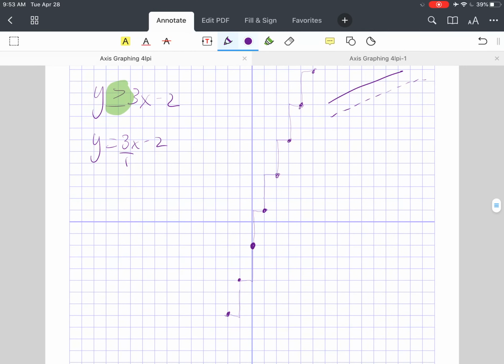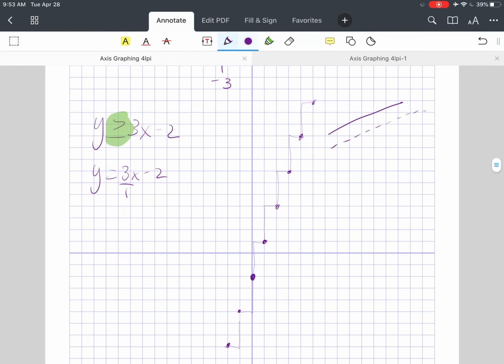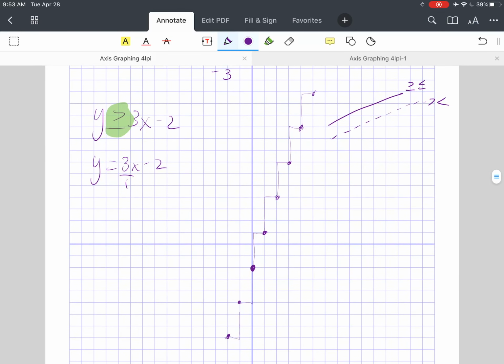If it does, you're going to include the points, meaning you're going to draw the bolded line. If you don't have the equal sign, it's going to be dashed. If it's greater than or equal to or less than or equal to, it's going to be a bolded line. And if it's just greater than or less than, it's going to be dotted.